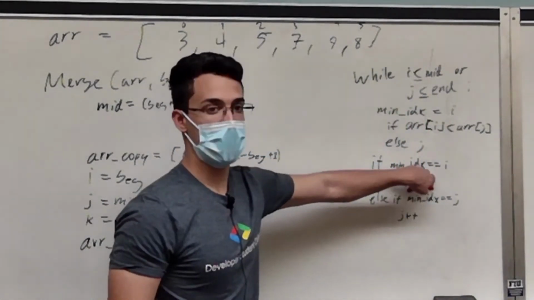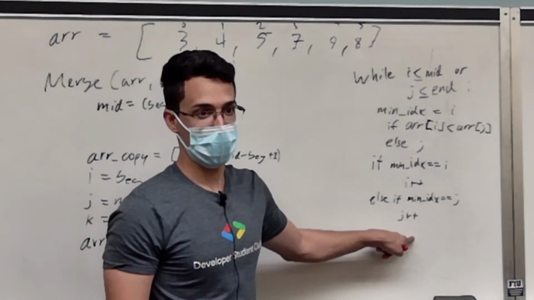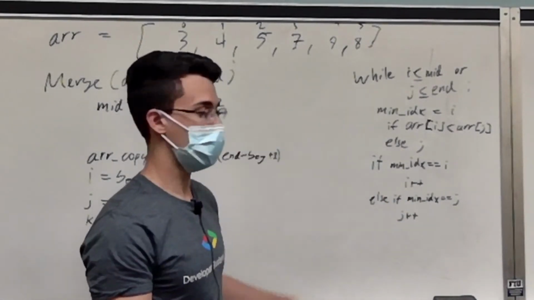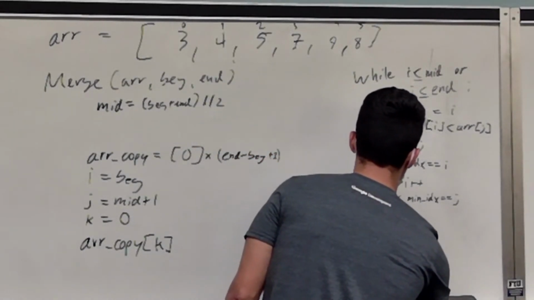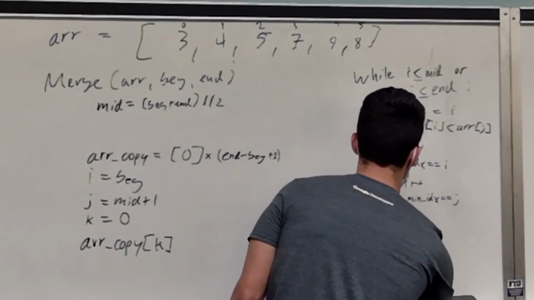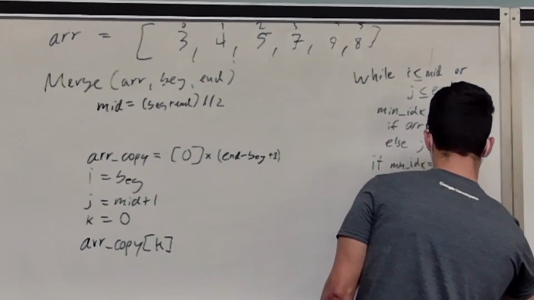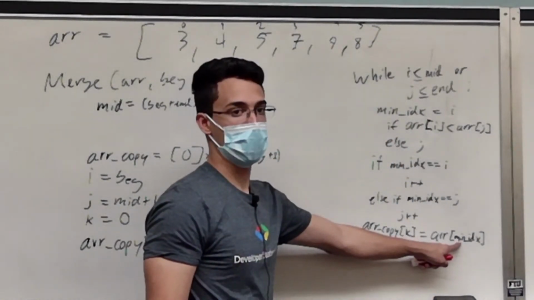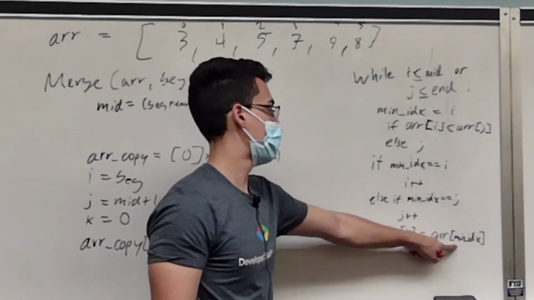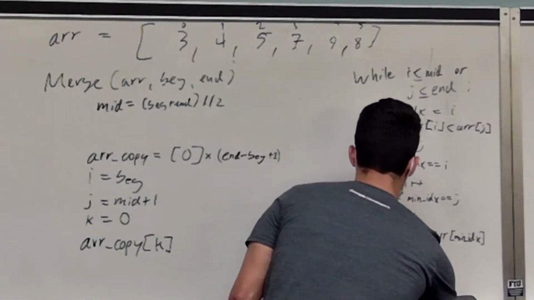So if the min index was I, we move I up. But if it was j, then we move j up, right? Because that's what we were doing before. All right? And now array copy k equals. Okay. Then array copy equals array min index. So that's like the minimum value we found between I and j. And then k is moved up.